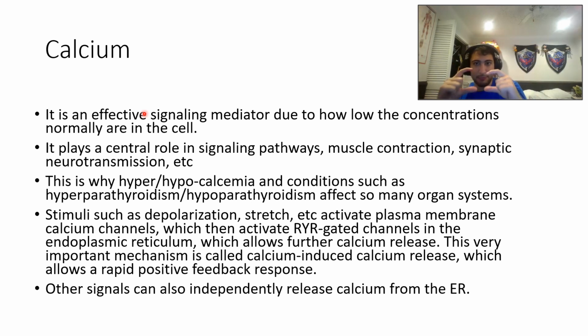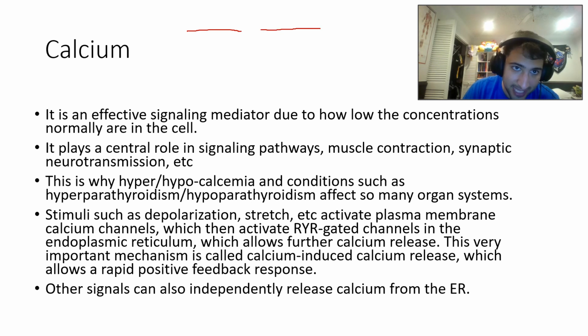And remember, in the endoplasmic reticulum, there's a lot of calcium channels. One of them is IP3 gated. One of them is the ryanodine receptor. And calcium that enters the cell through the plasma membrane will bind to the ryanodine receptor. So it might be better if I draw this. So let's say calcium has entered the plasma membrane, and this is the endoplasmic reticulum, and there's a calcium channel here gated by a ryanodine receptor.